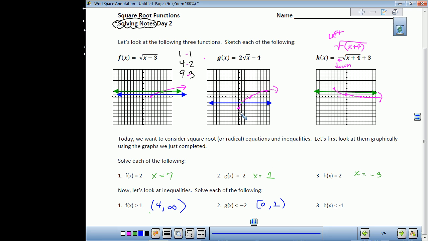We can include the endpoint, but we cannot include the 1 because this is not equal to, so we can't include the point that falls on that line, but you can include the endpoint. The endpoint does work. Would it be alright to just do a parenthesis, or would it be wrong? It would be wrong if it were a parenthesis.